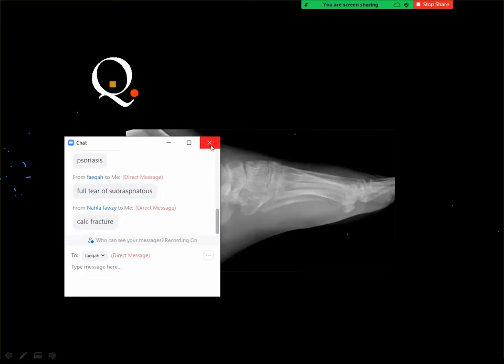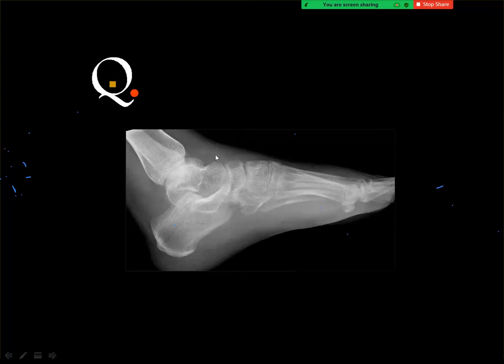Any other possibility? And this is normal foot. Okay, we can look here, and if you look carefully, you can see some erosive changes in this particular area, and you have some decreased bone density in the tarsal bones.